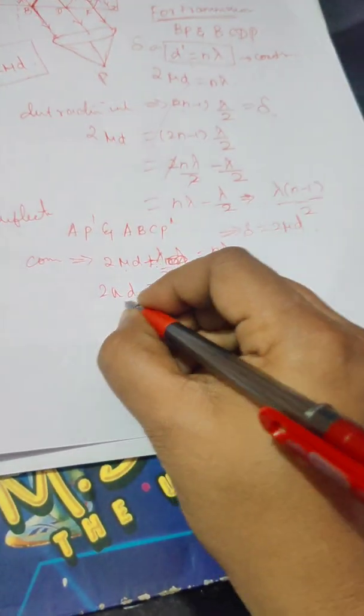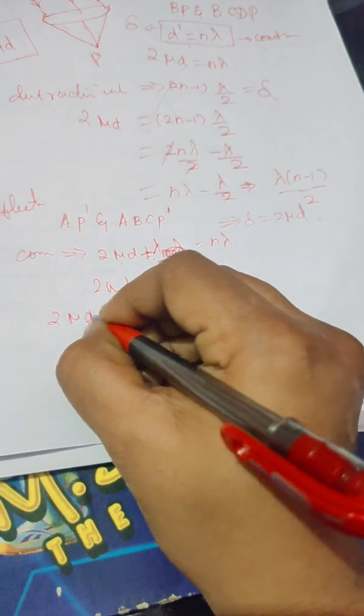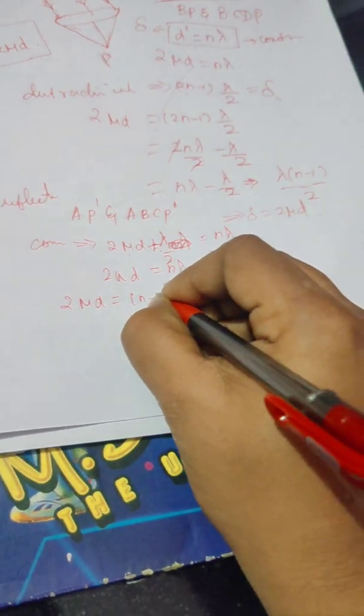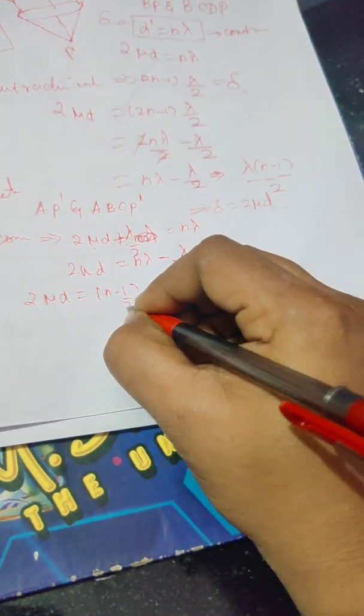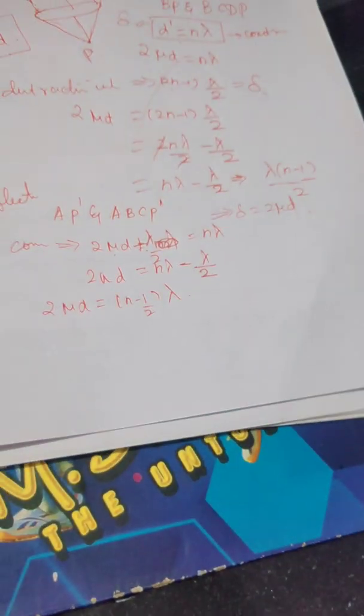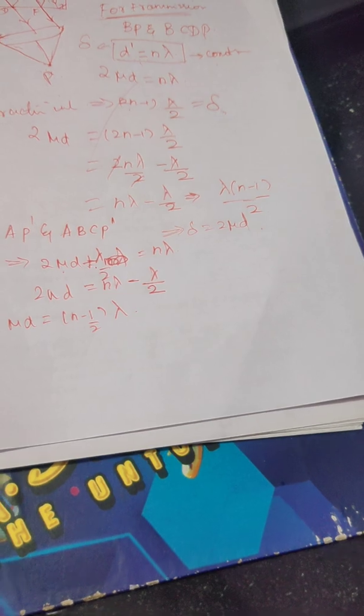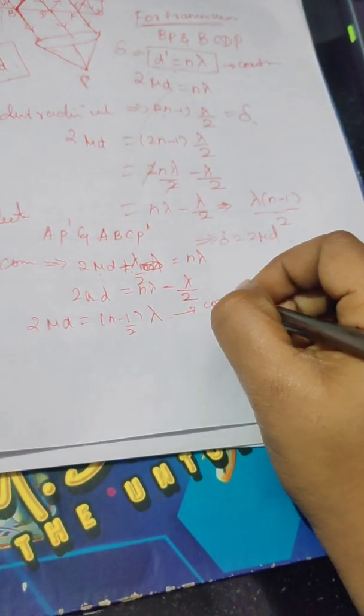Again I can reframe this equation: 2 mu d is equal to n minus 1 by 2, taking lambda as common. And this case is for constructive.